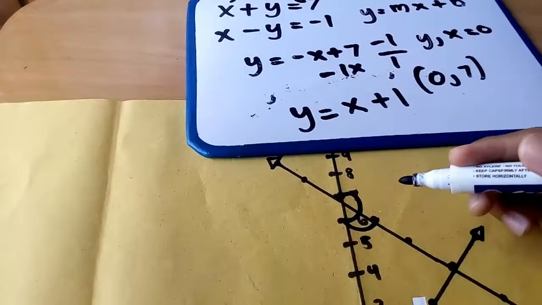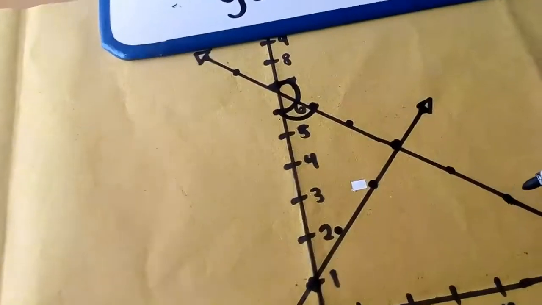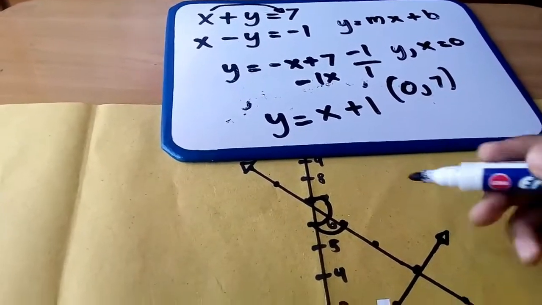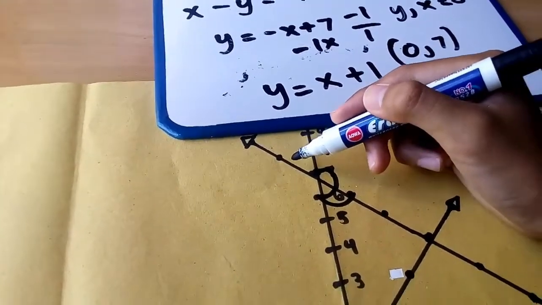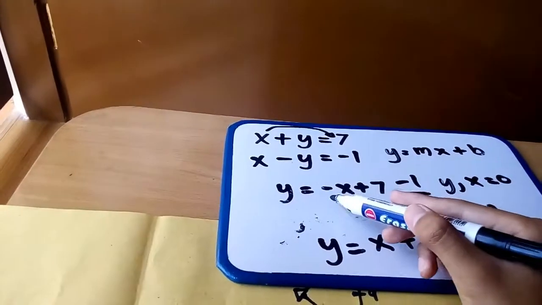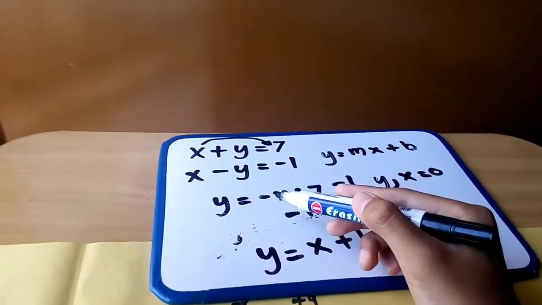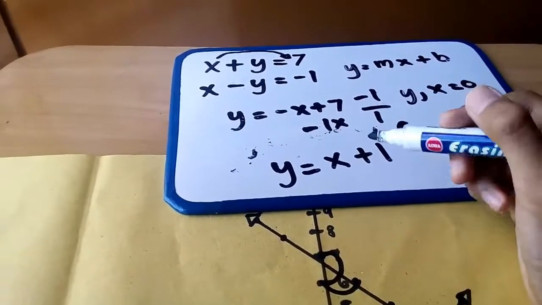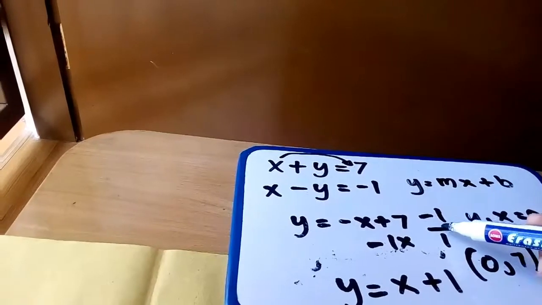Now, all of the points in the line are solutions to the equation. This is only one equation, so it doesn't apply to this one. So we need to do it over and over again.